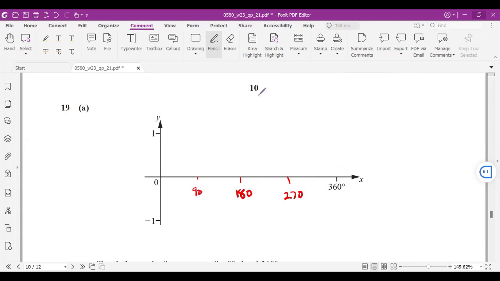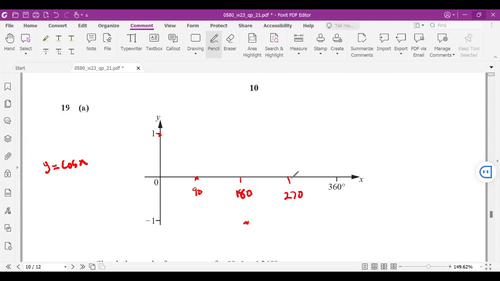Now, don't forget, we are sketching y equals cos s. So when s is 0, cos s is 1. Then when s is 90, it is 0. When s is 180, it is minus 1. We sketch it, minus 1 here.